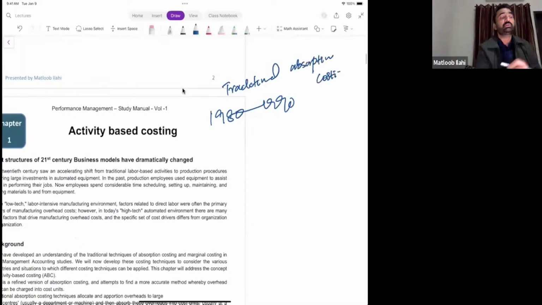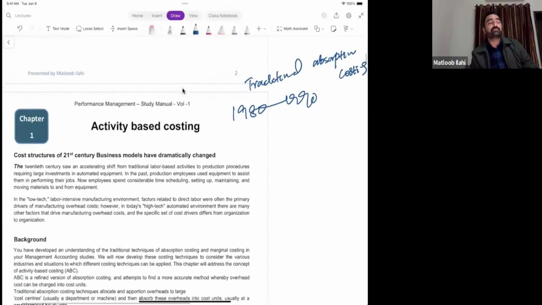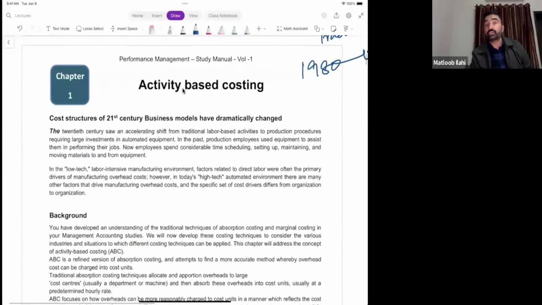The reason? Because products were simple, processes were simple. There were few services that businesses used to provide, and overall there were few products. Products were not very complicated.